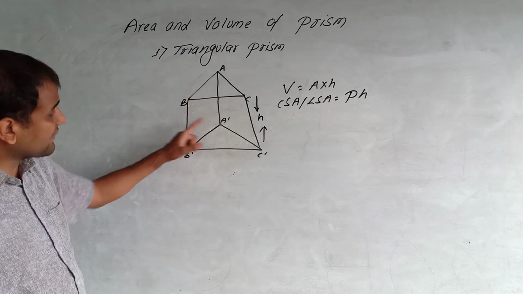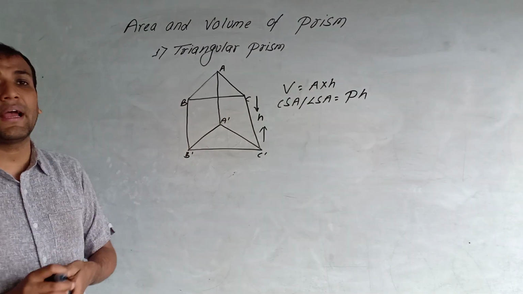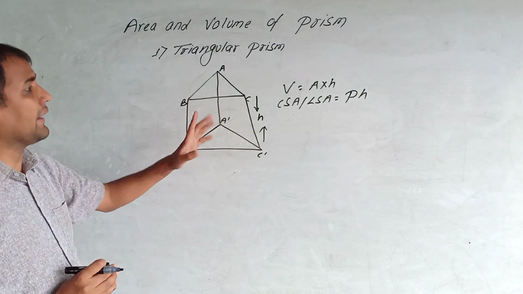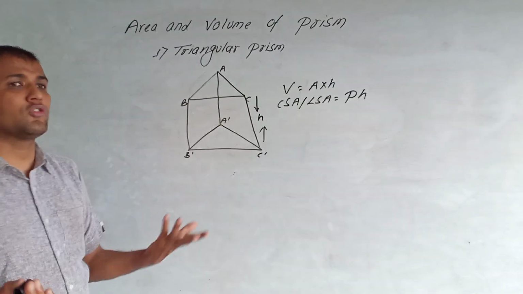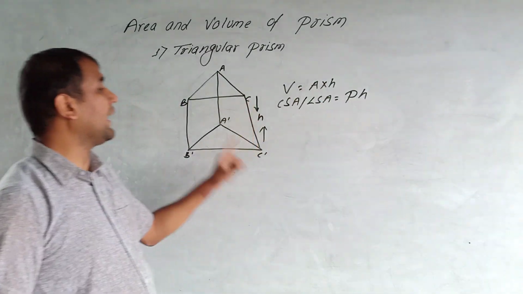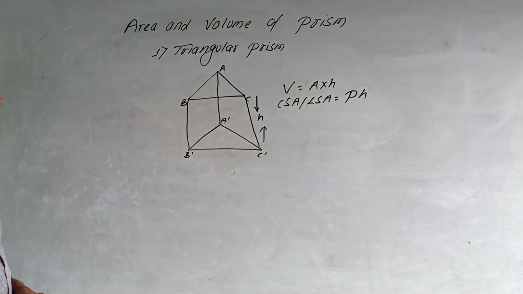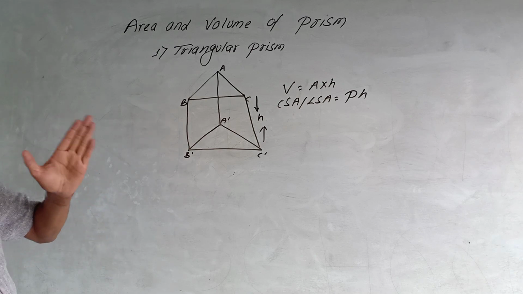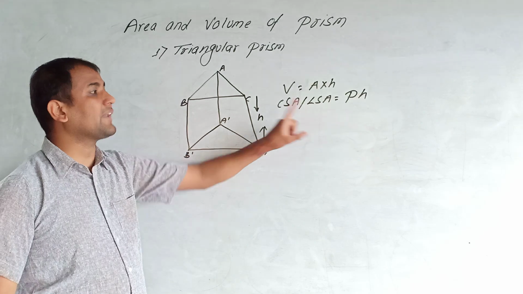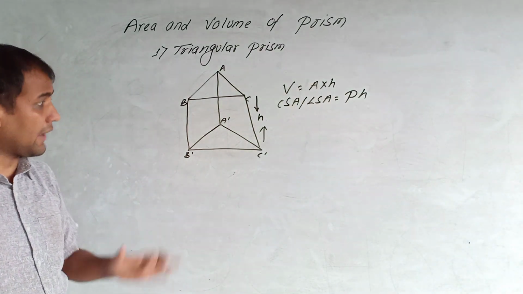The base is a triangle, so find the perimeter of the triangular base, and the height is given here. If the perimeter is multiplied by the height, that is equal to the curved surface area or lateral surface area of the triangular prism.